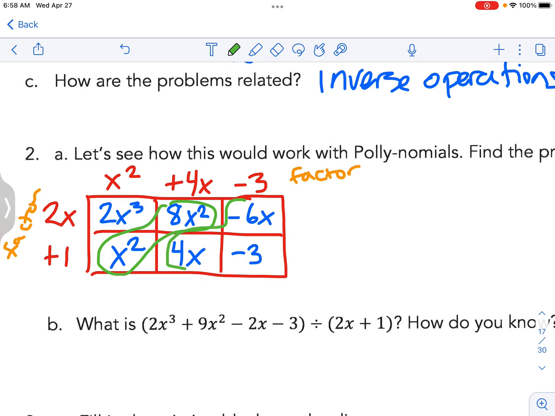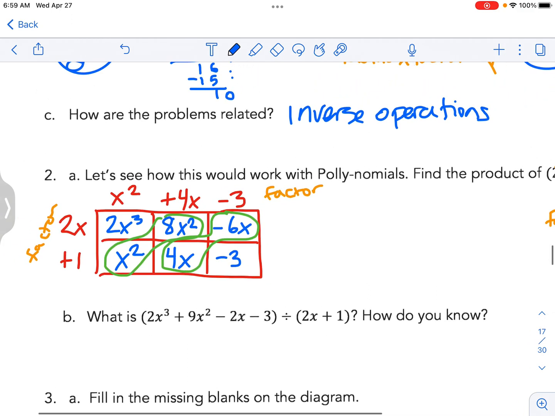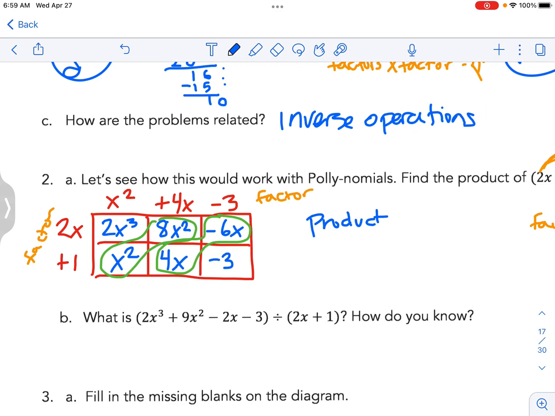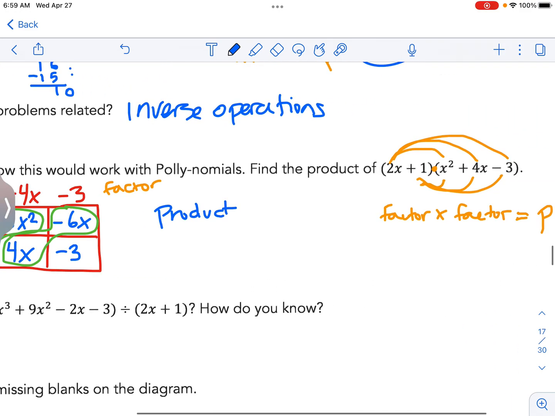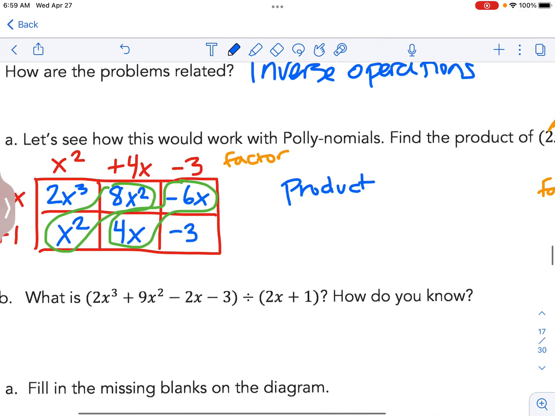So these are the terms that we're going to need to combine. This is where the area model pays off. You're able to combine like terms much more easily than if we would have multiplied them out and written them in one line.